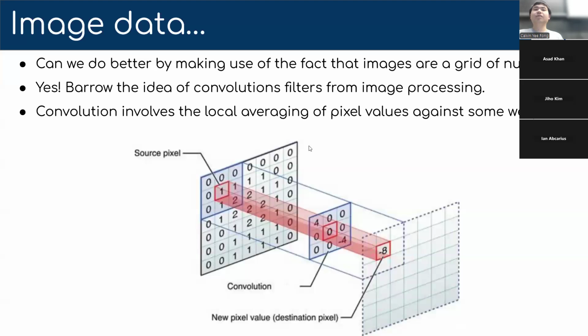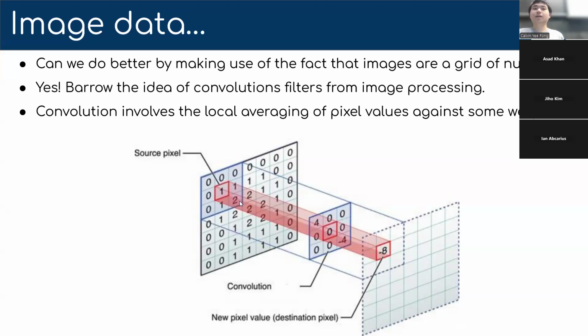Basically, you have your grid of numbers, or pixel values for an image, and you have a special weight matrix, or convolution. What it does is a kind of average of your pixel values. Here we see that the stored weight for this convolution is 404 along the diagonal, so it basically averages out everything here.